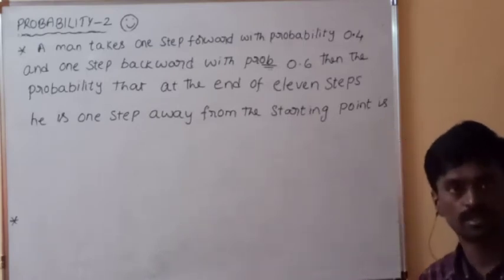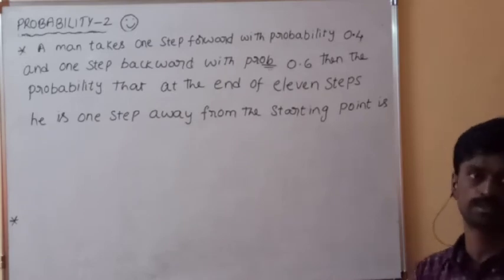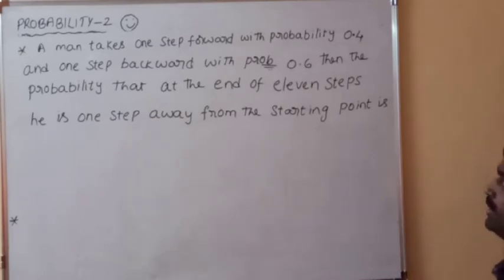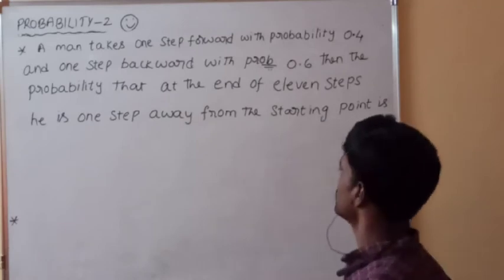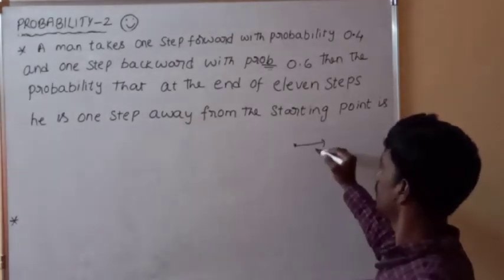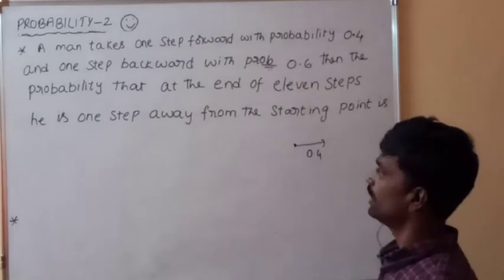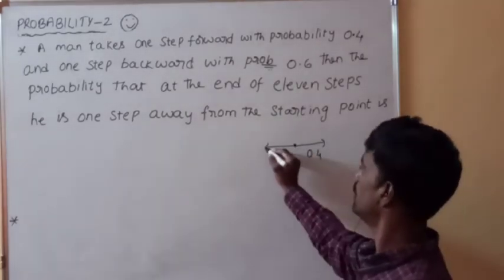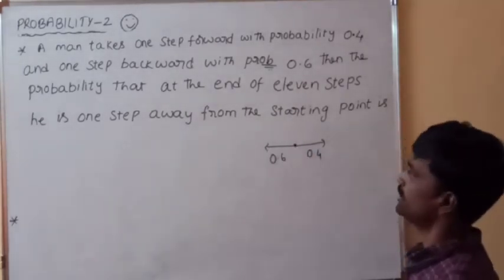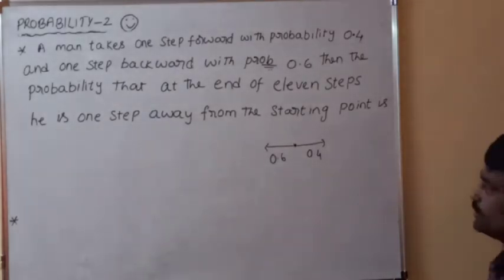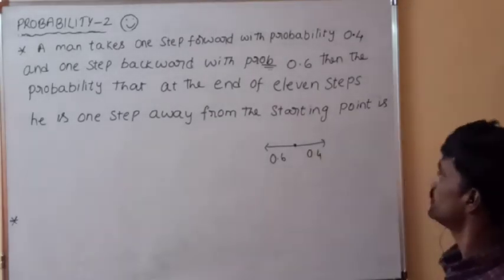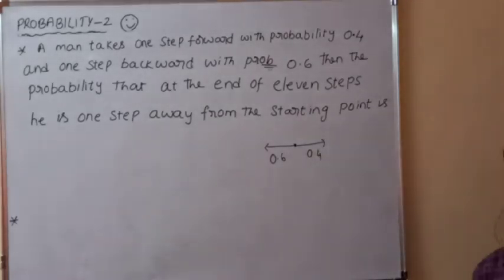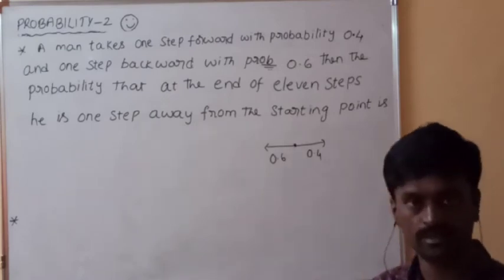This problem was asked in JEE Mains as well as KCET and MCET also. A man takes one step forward with probability 0.4, and one step backward with probability 0.6. Then find the probability that at the end of 11 steps, he is one step away from the starting point. So total he completed 11 steps.